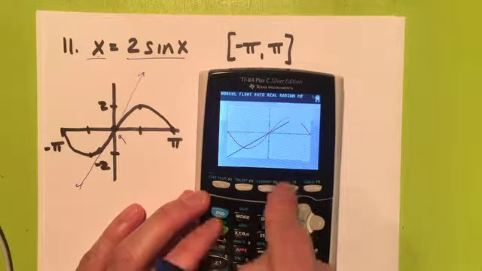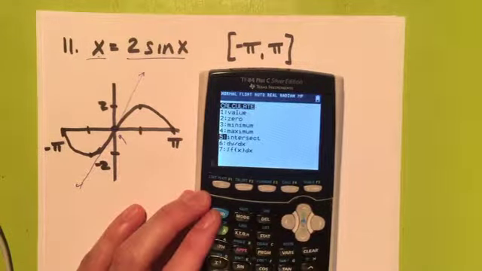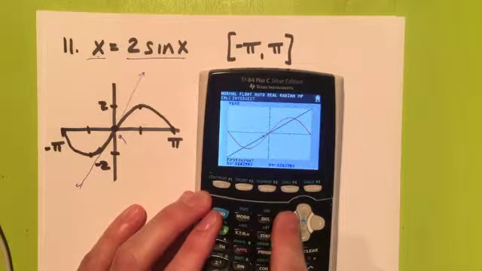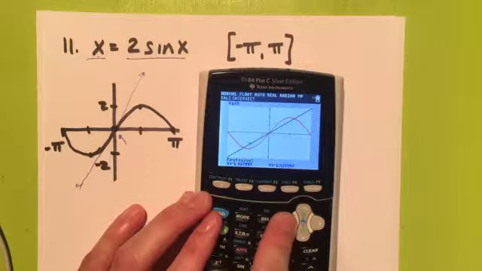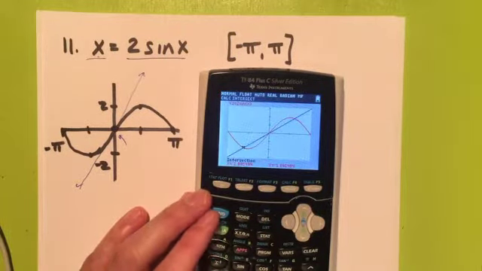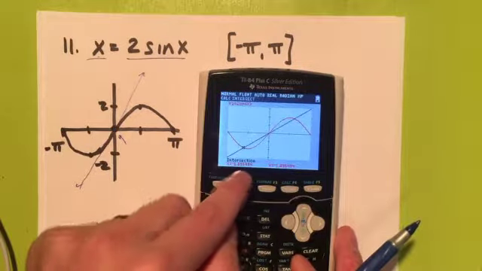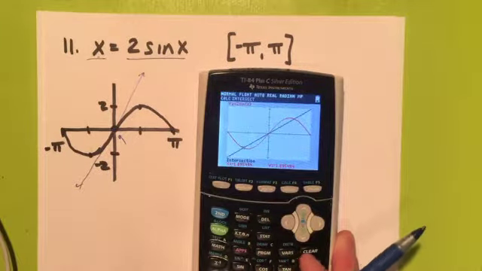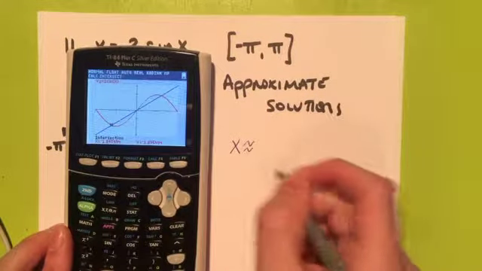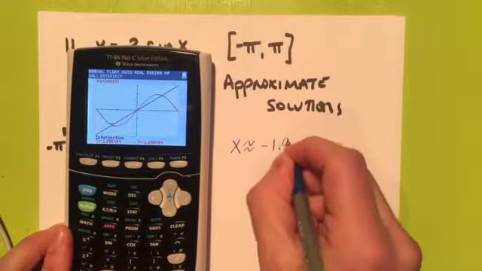So I'm going to do second calc, go down to intersection, take my turtle cursor, go down first curve, second curve, take the guess. We've got x equals negative 1.895. So x is about negative 1.90.